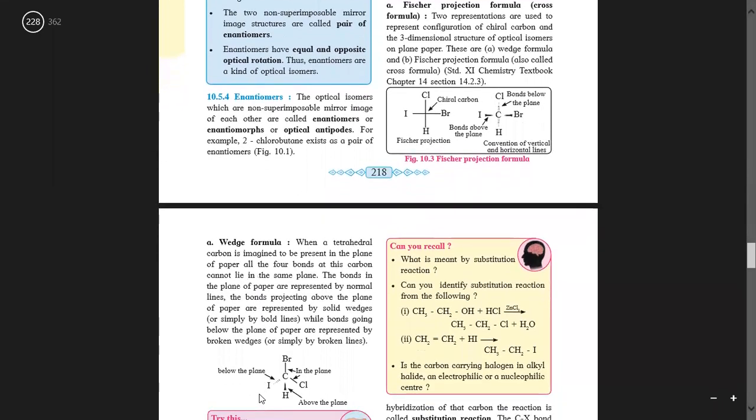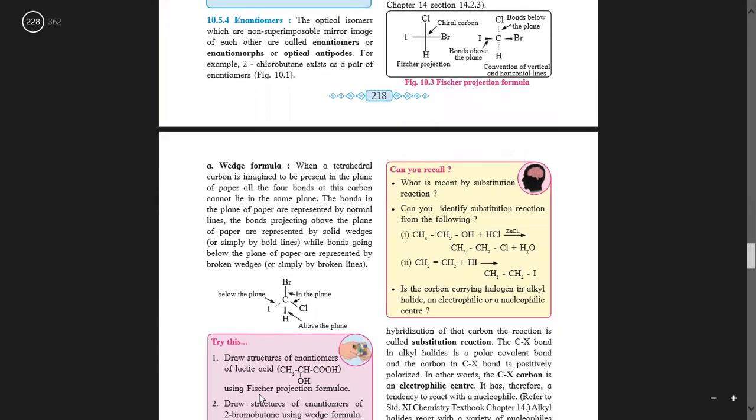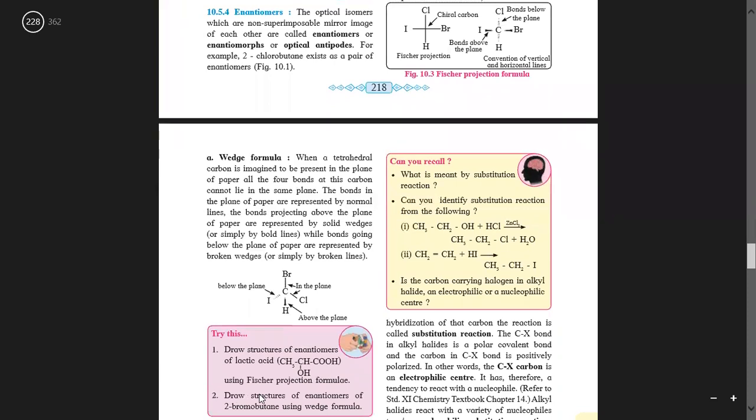Then one more example of the wedge formula. This tetrahedral carbon is the central carbon. It is bonded with bromine and chlorine, which are in the same plane. This iodine is below the plane and hydrogen is above the plane.